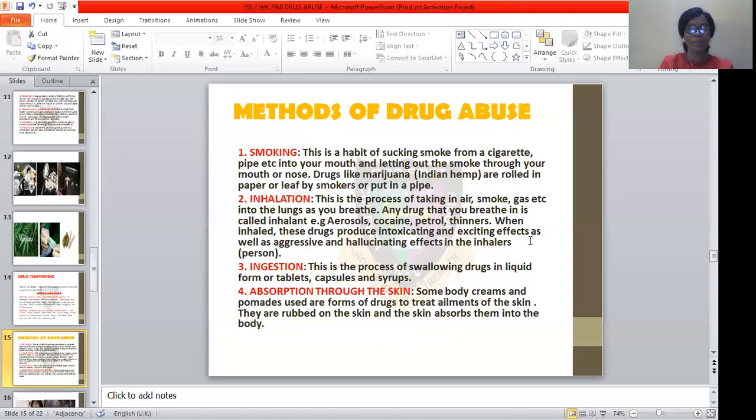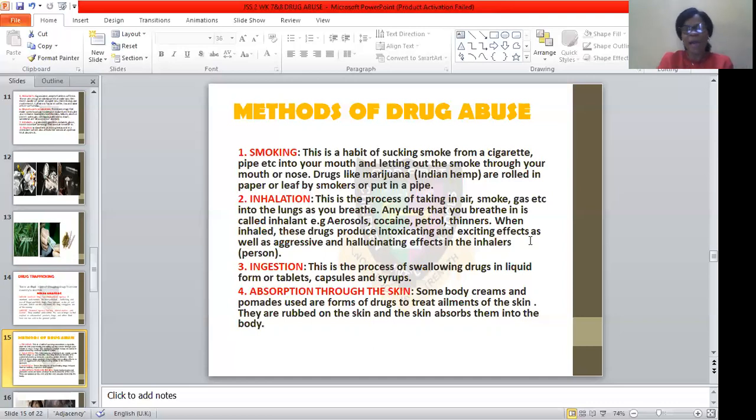The second method of abusing drugs is inhalation. This is a process of taking in air, smoke, and gas into the lungs as you breathe. Any drug that you breathe in is called an inhalant, e.g. aerosol, cocaine, petroleum, petrol, thinner, etc. When inhaled, this drug produces intoxicating and exciting effects, as well as aggravating and hallucinating effects on the inhalant, that is the person that uses it.